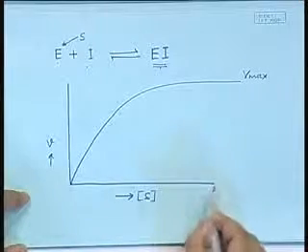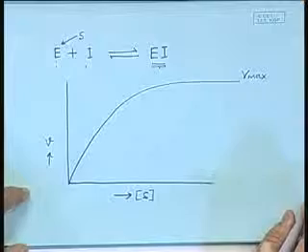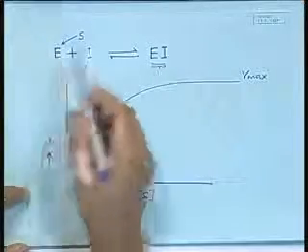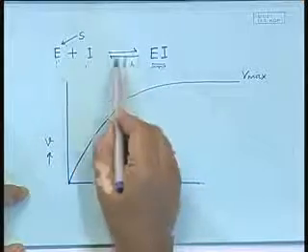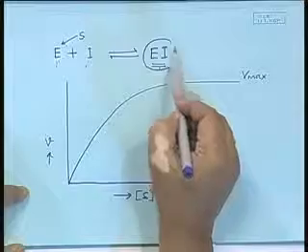If I increase the substrate concentration to a large enough value, my enzyme substrate complex can then form. Why? Because my enzyme inhibitor complex actually has an equilibrium. This is a loose association.